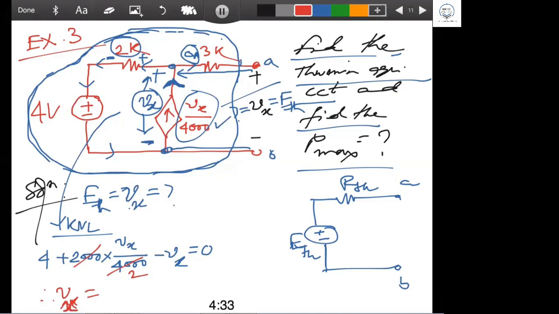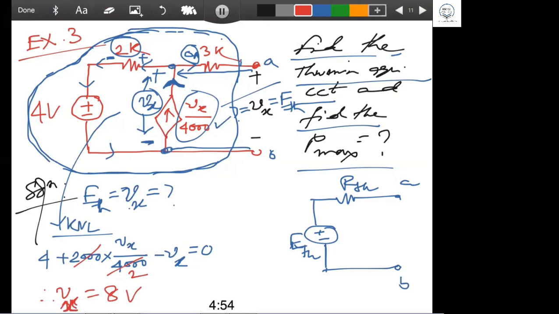Vx equals what? Sir, 8. Excellent, 8 volt. So your E Thevenin is 8 volt. We got it. Understand, everybody?